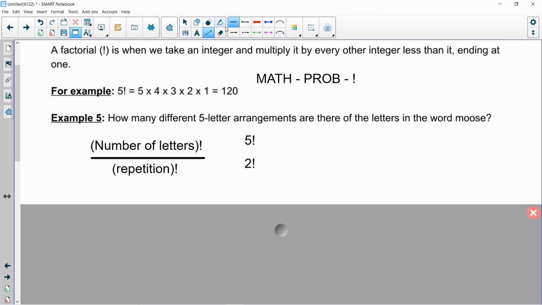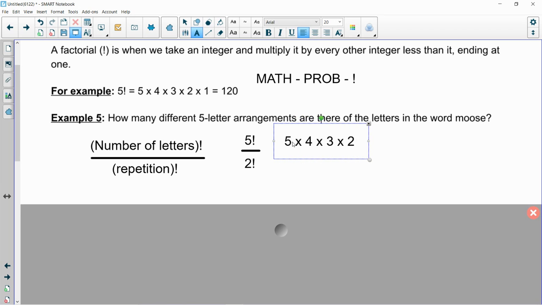So now, we've got to make this into a fraction. You can, of course, evaluate this in your calculator, or these numbers are small enough to think about by hand. Here we'd have 5 times 4 times 3 times 2 times 1 divided by 2 times 1.